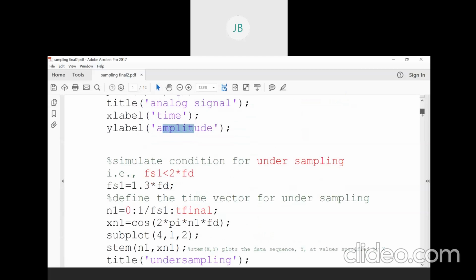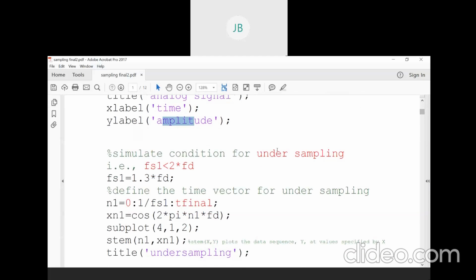And then what we need to do? We need to investigate different sampling cases that we have already studied, right? I told you we have 3 cases to investigate. The first one is undersampling. In case of undersampling, what's the condition? The sampling frequency is less than 2 times the maximum input frequency. So we will consider that for the undersampling case, the sampling frequency fs1 is less than 2 times ft.